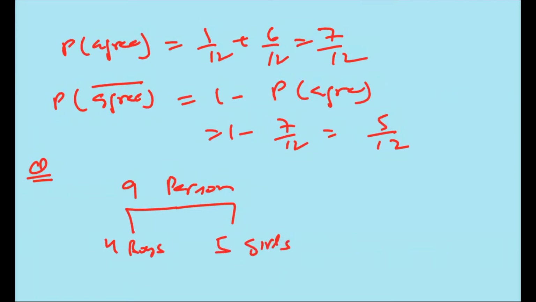Now you want to take a committee of 4 persons. So what is the probability of getting the committee of 4 persons?